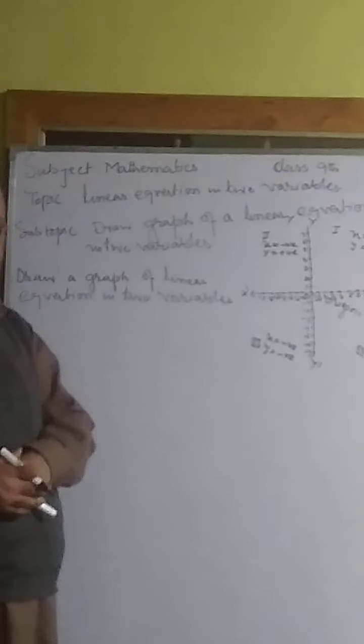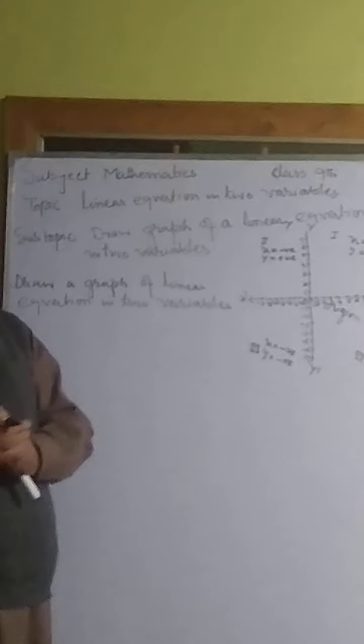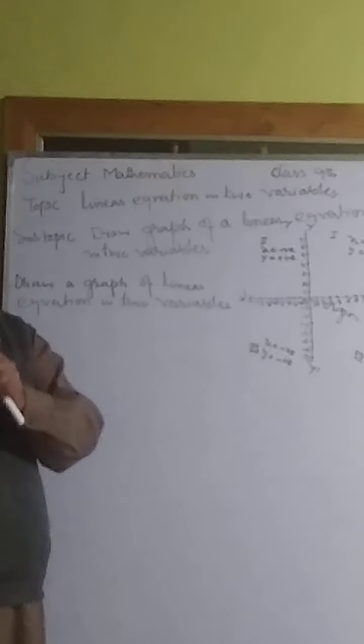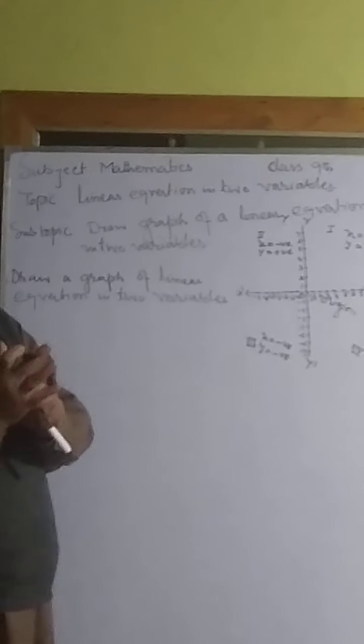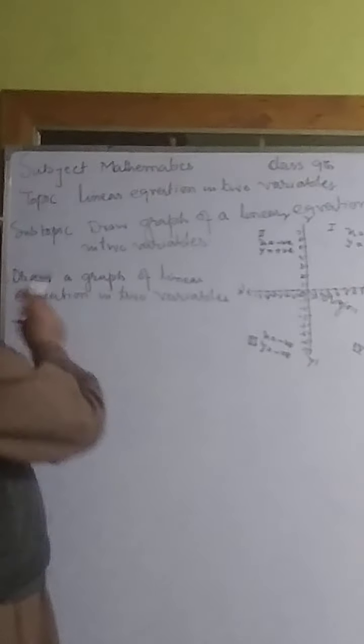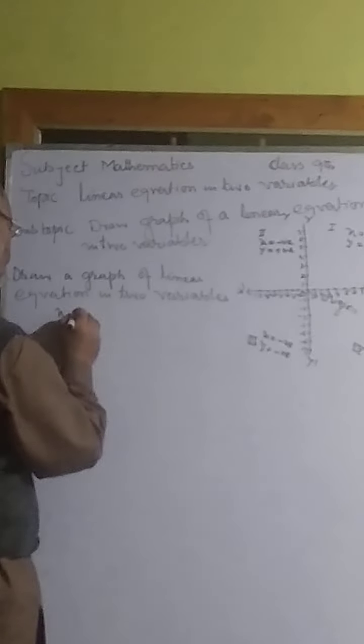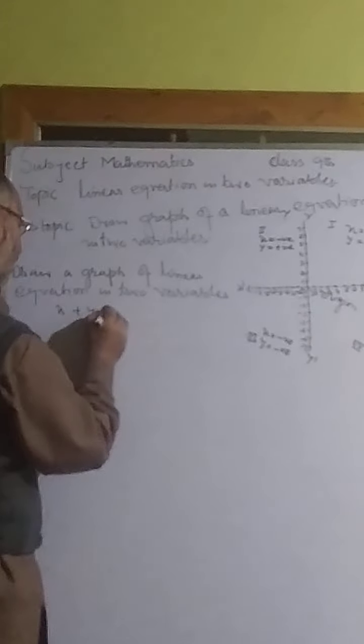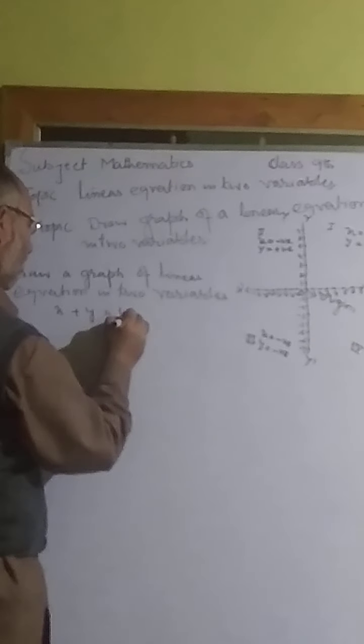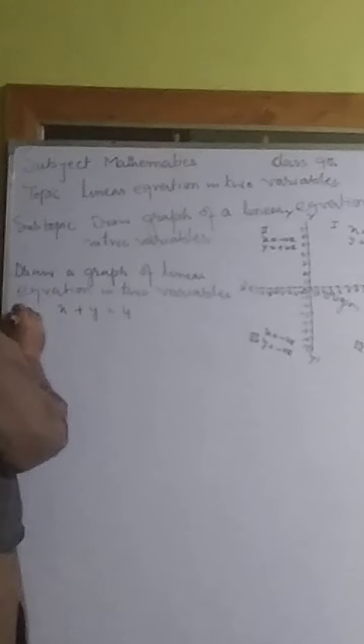Real numbers are the union of rational numbers and irrational numbers. Now we draw a graph of a linear equation in two variables, x plus y is equal to 4. Our question number first.